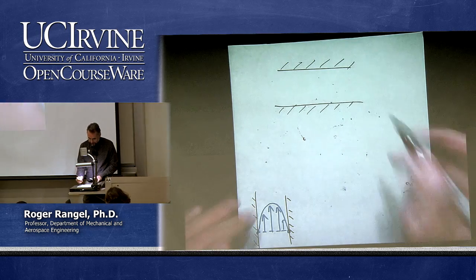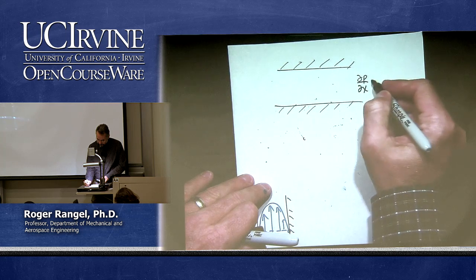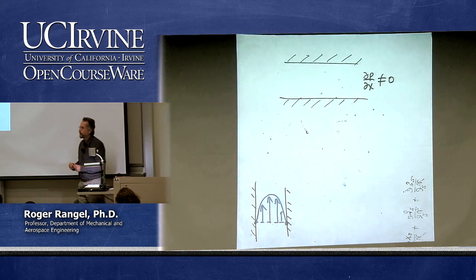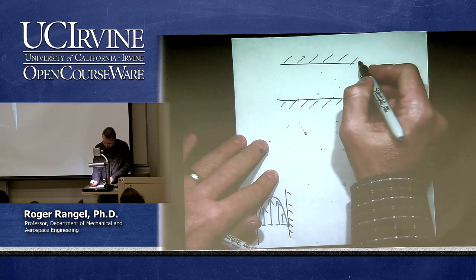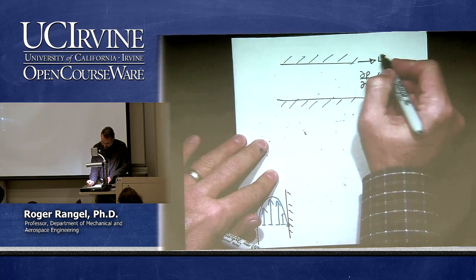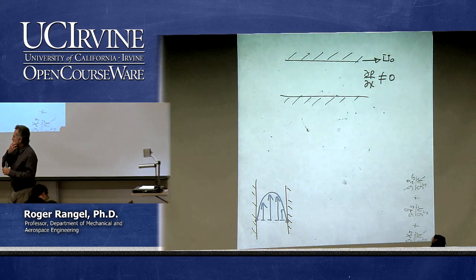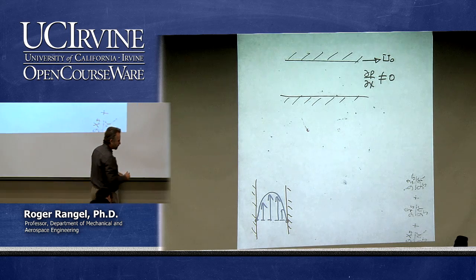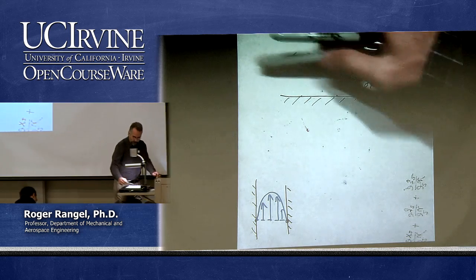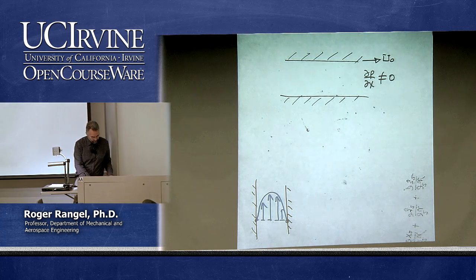So I have a pressure gradient, which is not zero in the gap, but I also move the top wall with a velocity u0. So I do both problems in one. I have the motion of the top plate and a pressure gradient.